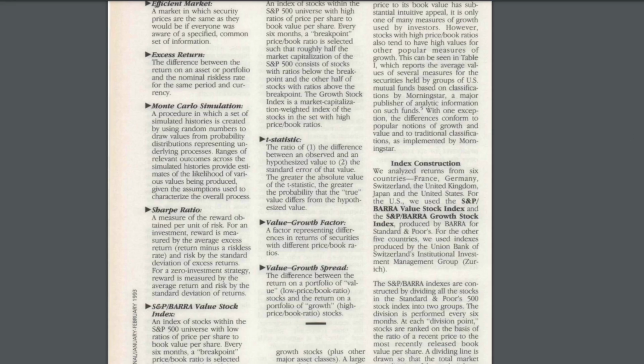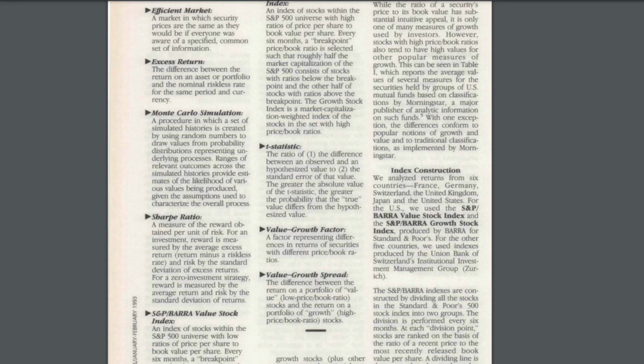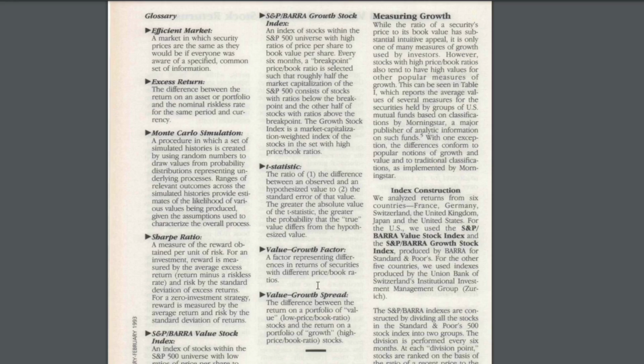Yeah. And so, moving forward here, I'm just going to go through this glossary of terms and then go over the results, basically. I'll go over how they got everything, but then we'll go over the results, and that's basically it. So, value stock, like the price to book ratio, and the growth stock price to book ratio, that I went over.